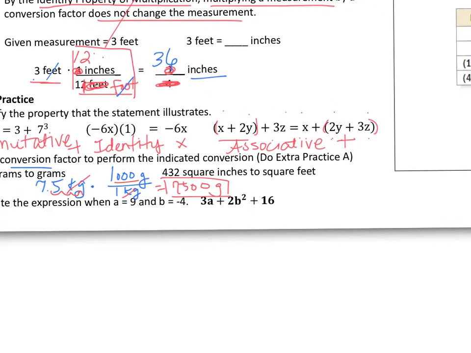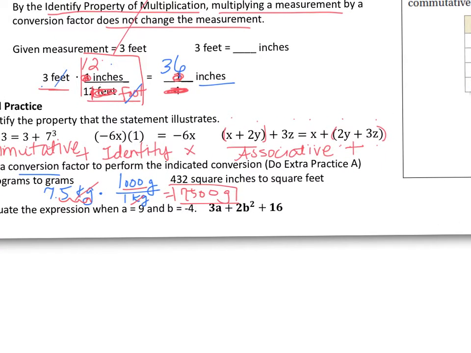And for 432 square inches, the conversion factor will be 1 square foot to 144 square inches.